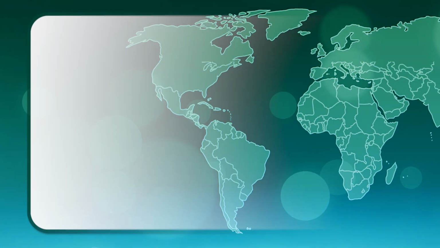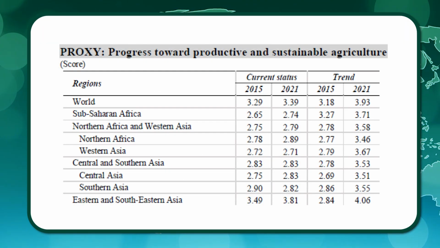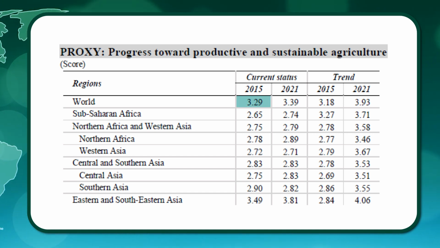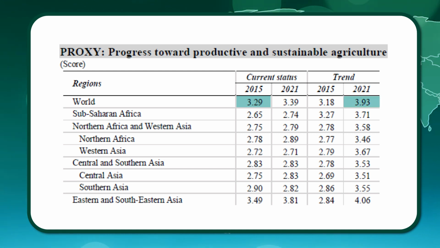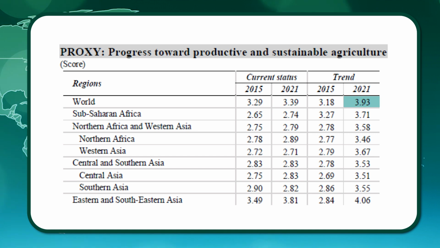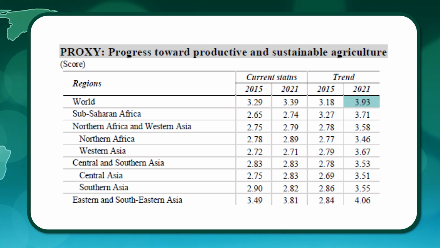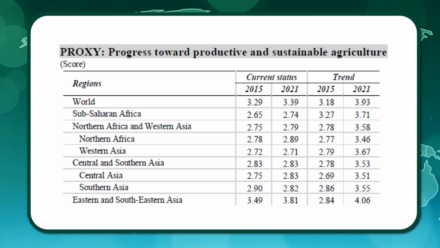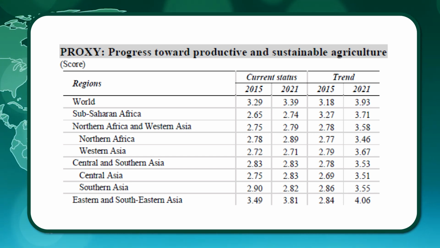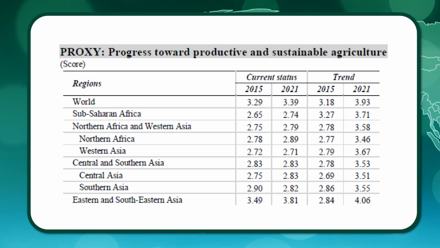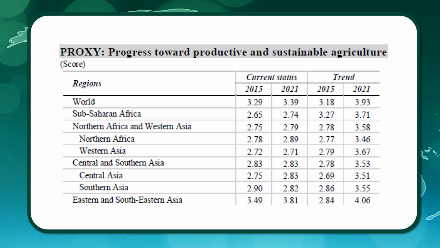When you look into this table, we will find that globally the progress towards productive sustainable agriculture score was 3.29 in 2015, and 3.9 in 2019. When you look into this score, it is between 2.5 and 3.5, which shows that there is no improvement as far as productive sustainable agriculture is concerned.